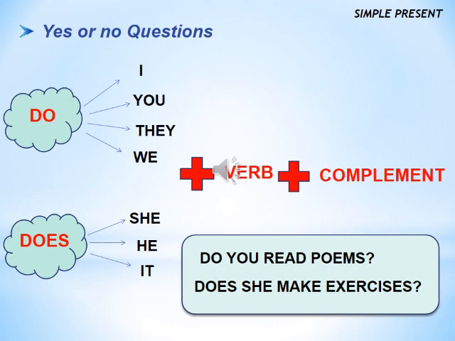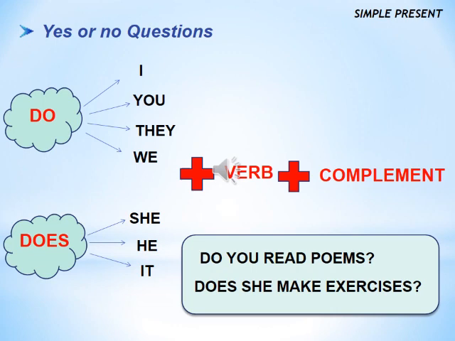What is the base form to make a yes or no question? First of all, you must use the auxiliary. In the first person singular, you use the auxiliary do with the pronoun I and you. And in the plural, you must use the auxiliary do.